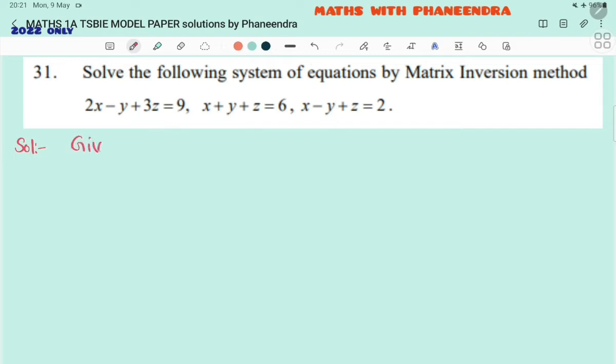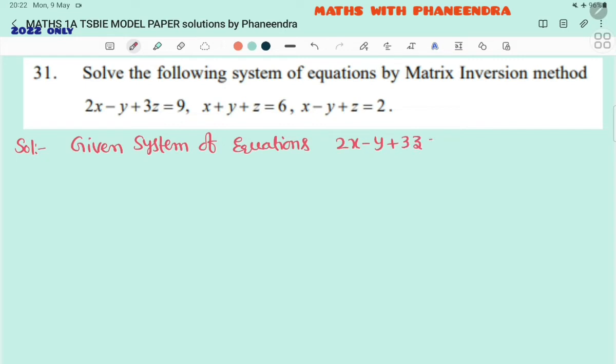Given system of equations: 2x minus y plus 3z is equal to 9, x plus y plus z is equal to 6, and x minus y plus z is equal to 2.